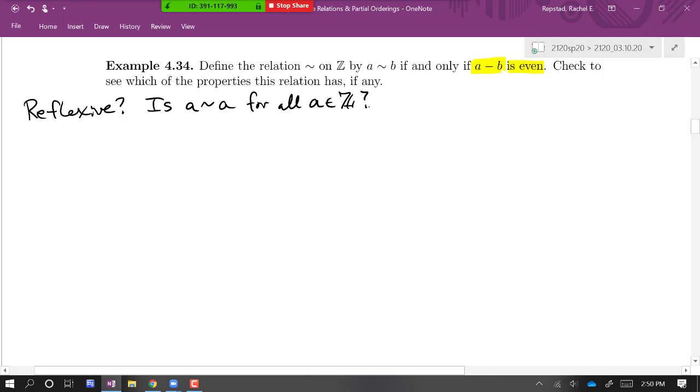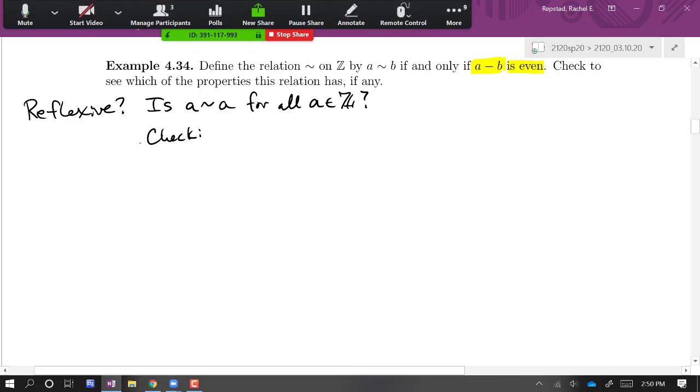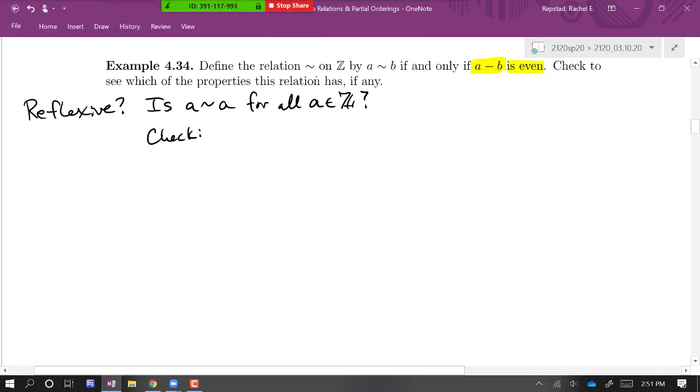Wait, I'm sorry, what is this squiggle? It's what we're calling this relation. It says define the relation squiggle, instead of calling it less than or equal to, or big R or big S, like we did in the last section at the beginning of class.